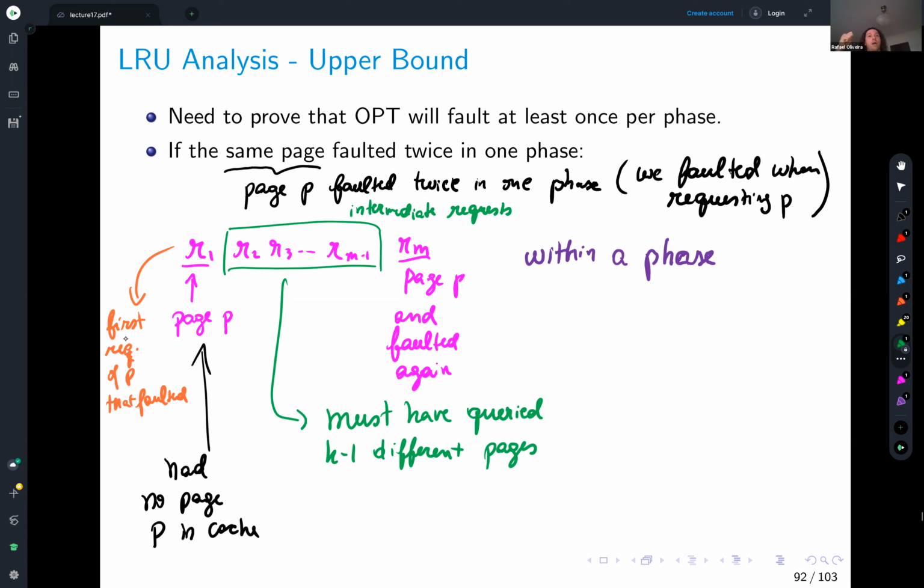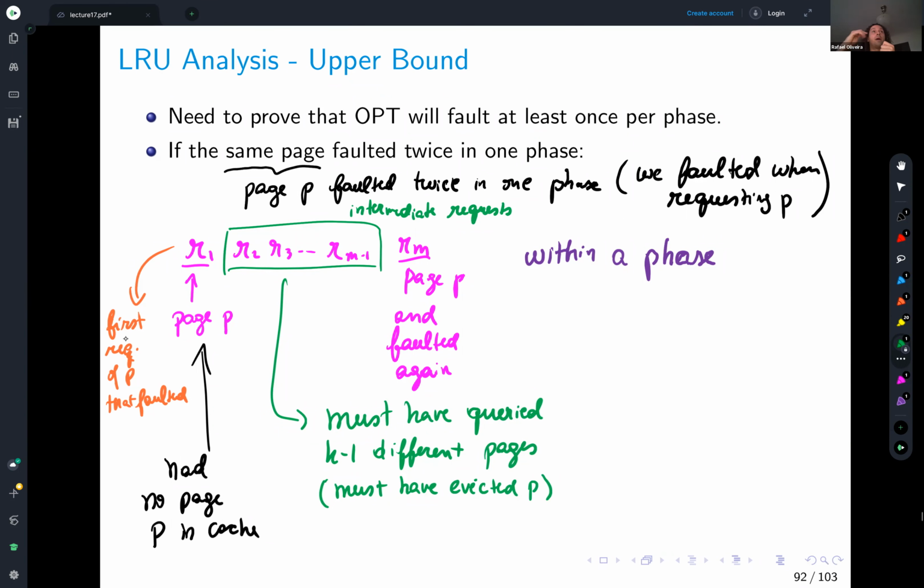Because if at request M I'm getting a page fault, then once I had P in my cache, at some point I must have evicted P. But to evict P, what do I need to do?